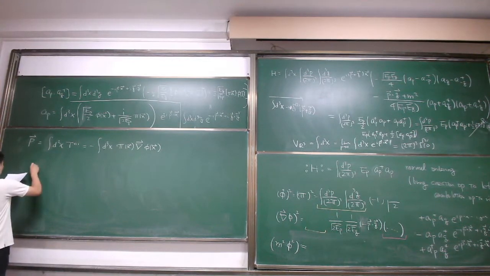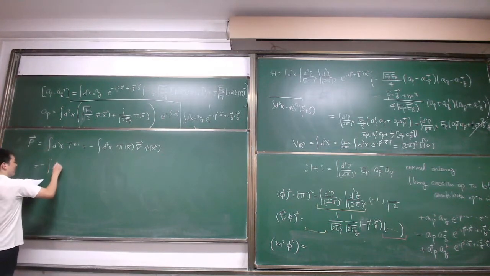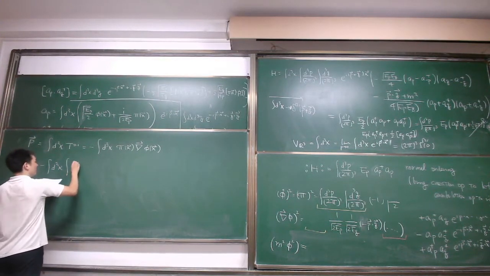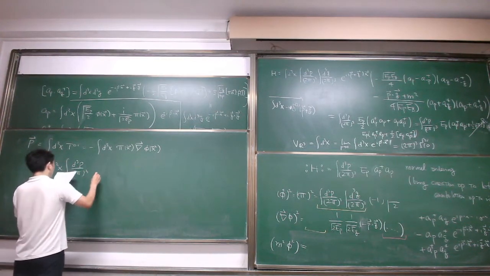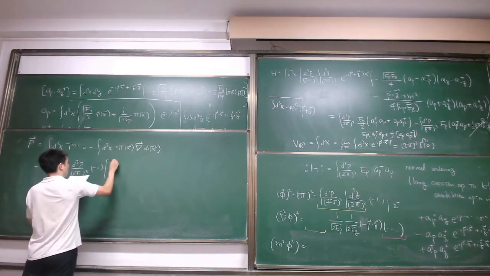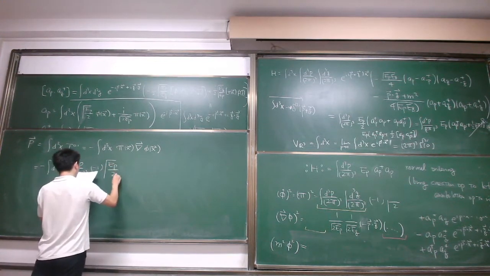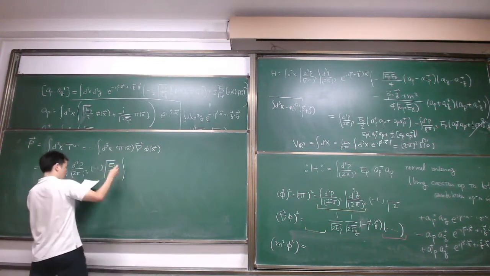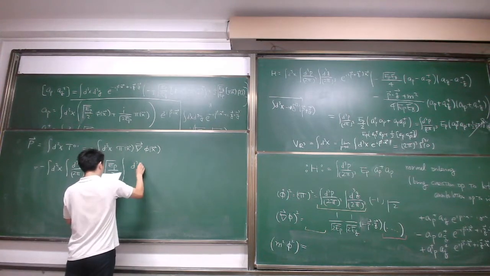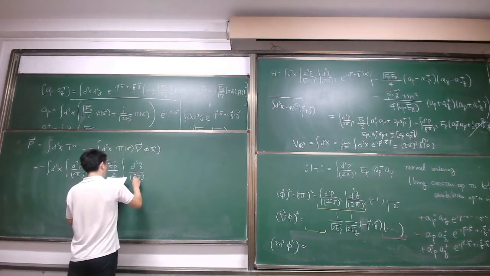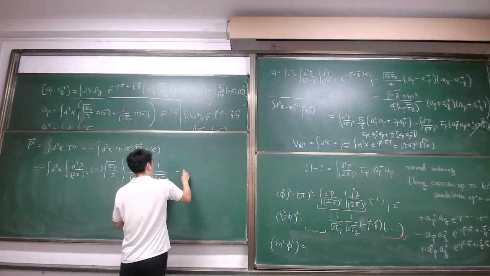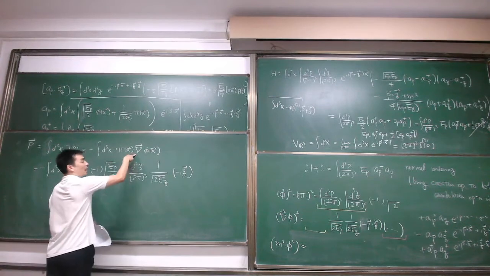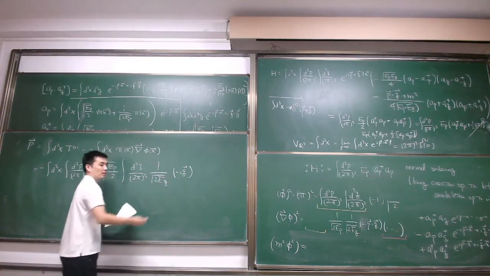Should I derive everything? Okay, let's derive everything for you. Sorry, it's maybe boring for you. Minus i square root E, and it's coming from pi, and then i q. This one, nabla acts on phi, that's why you get this one.